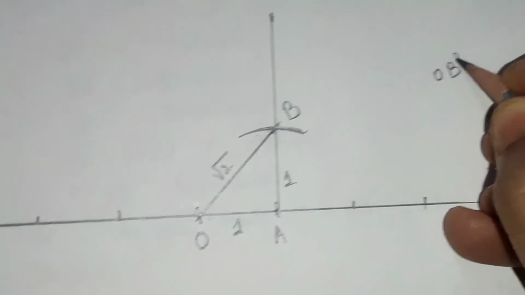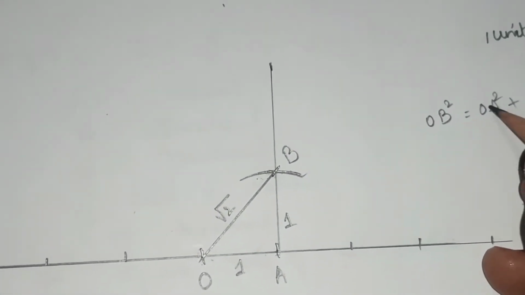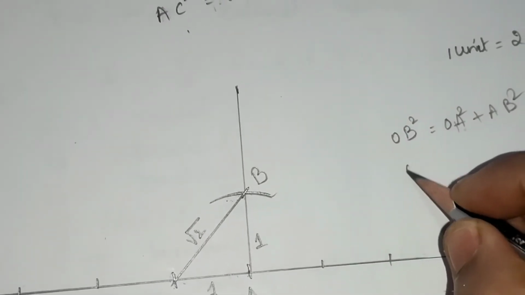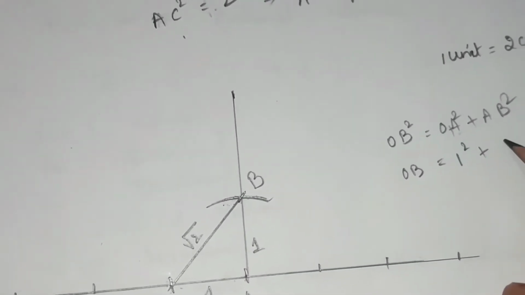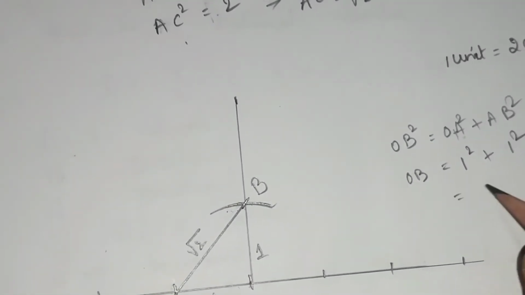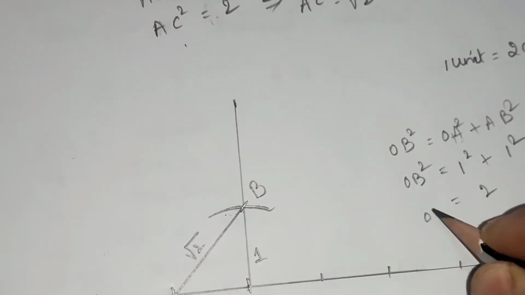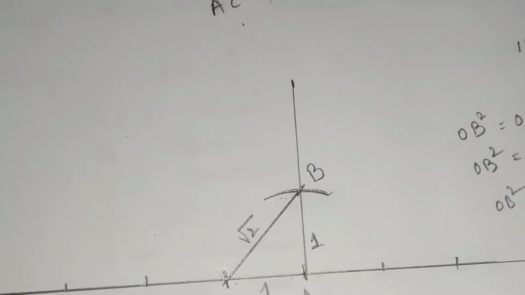OB square is equal to OA square plus AB square. OB we don't know. OA is 1 square and AB is also 1 square. That is 1 plus 1 is 2. OB square is equal to 2. OB is root 2.